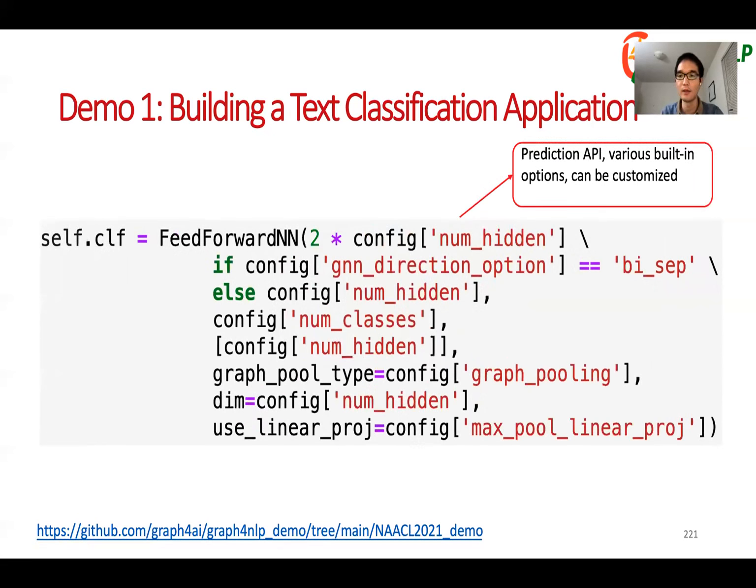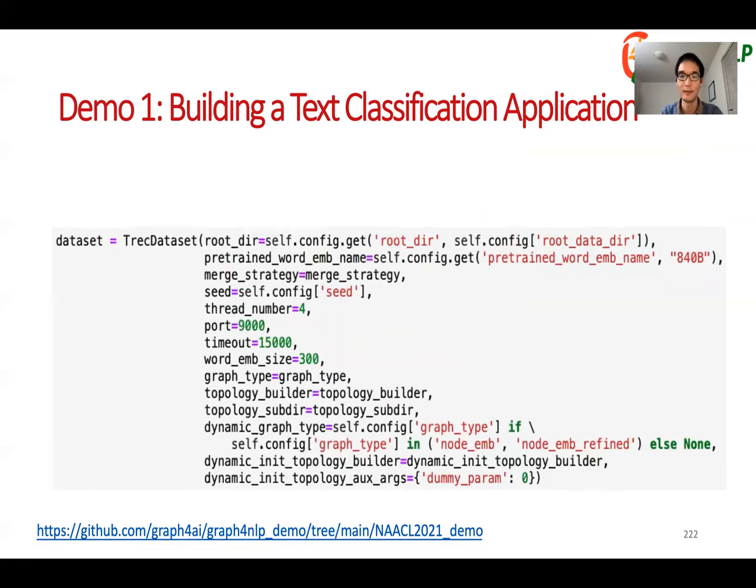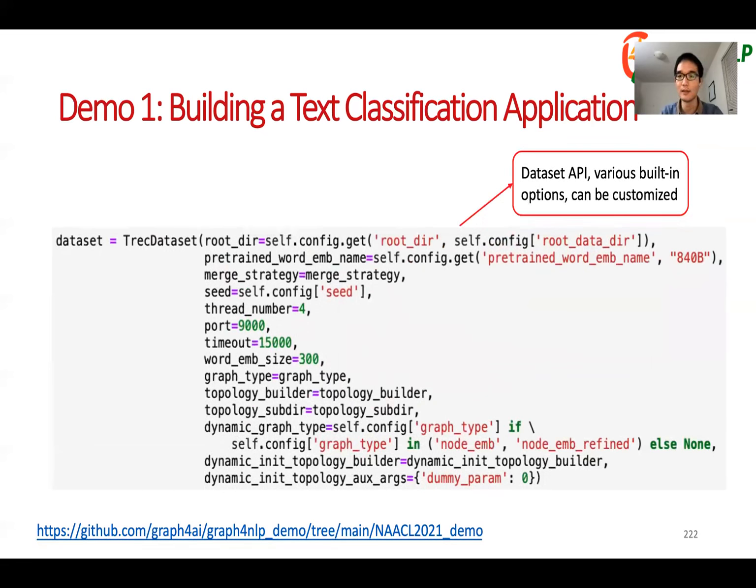And here we call the prediction API. Again, there are various building options provided by the library, and one can also customize their own prediction module. And here's the dataset API, which can also be customized.